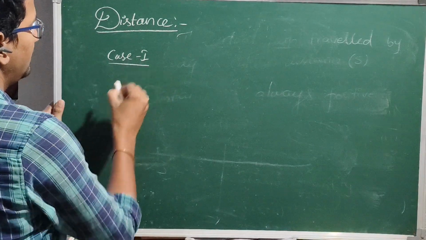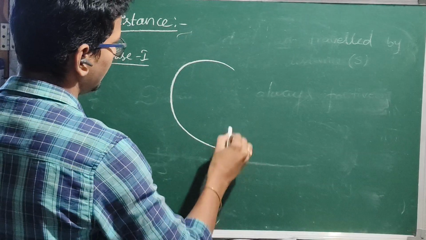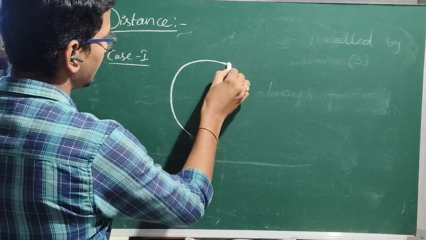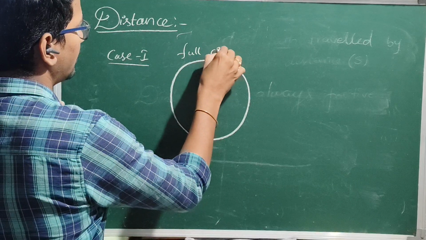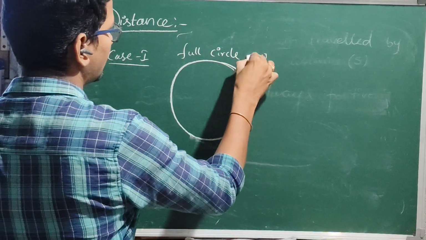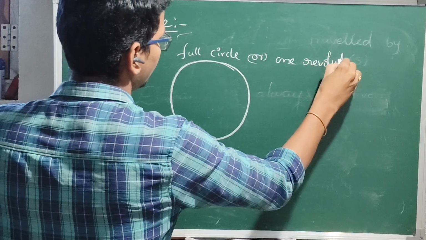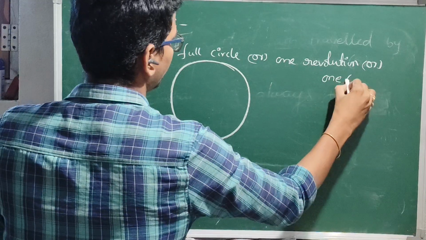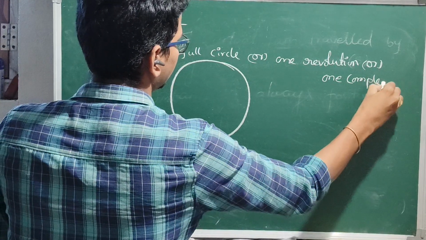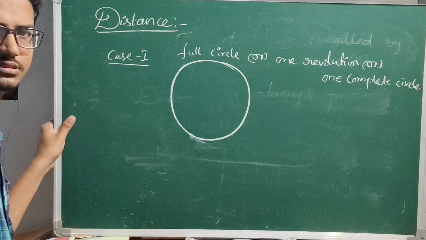Case one: if you take the full circle, or one revolution, or one complete cycle, or one complete circle. These terms are the same.